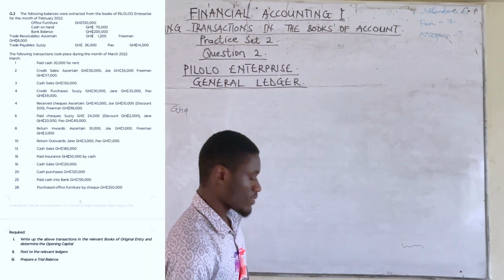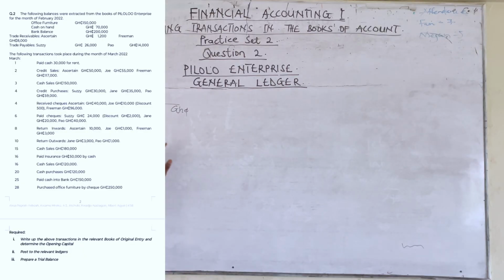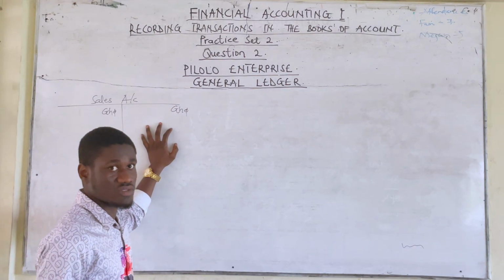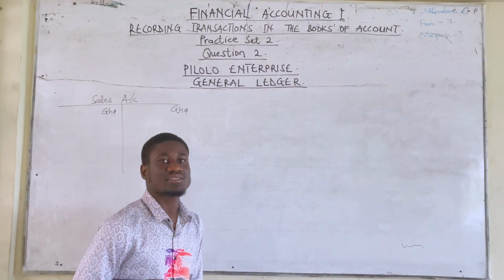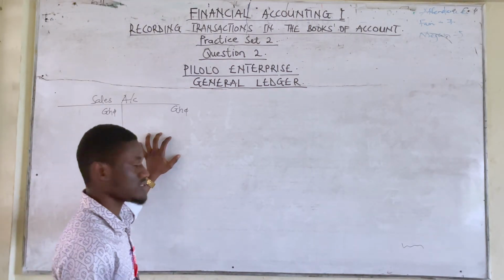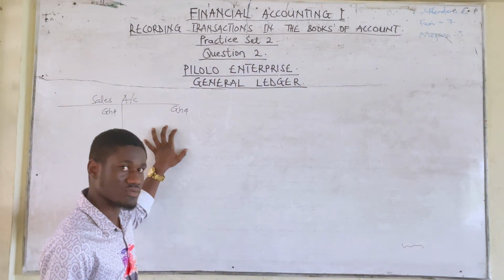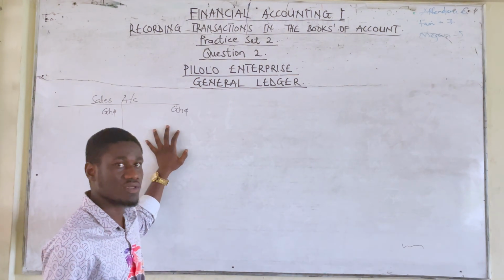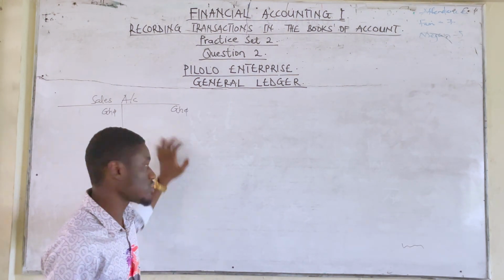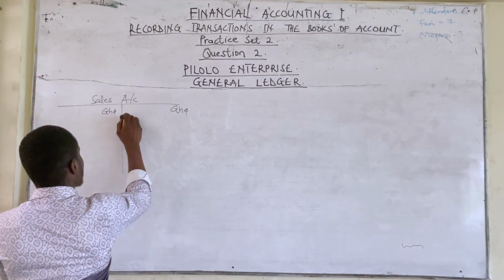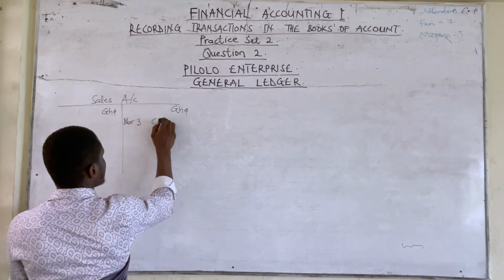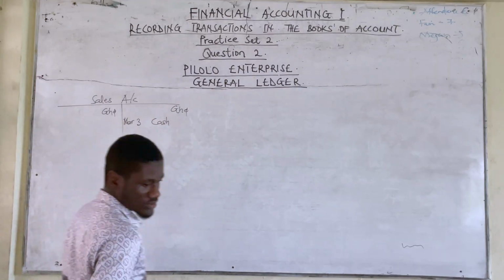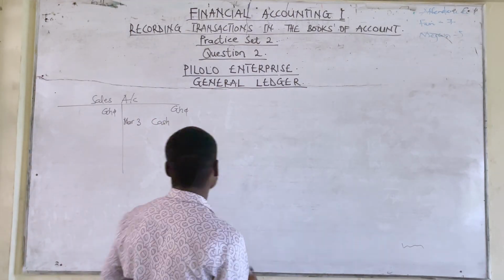So when our sales is increasing because now we are back to the sales account. So what's happening to the sales here? We've made sales. As our sales increase, we are going to credit because it's an income or revenue. Increase in revenue or income, we are going to credit. Okay. So March 3rd, cash was what? 150,000.